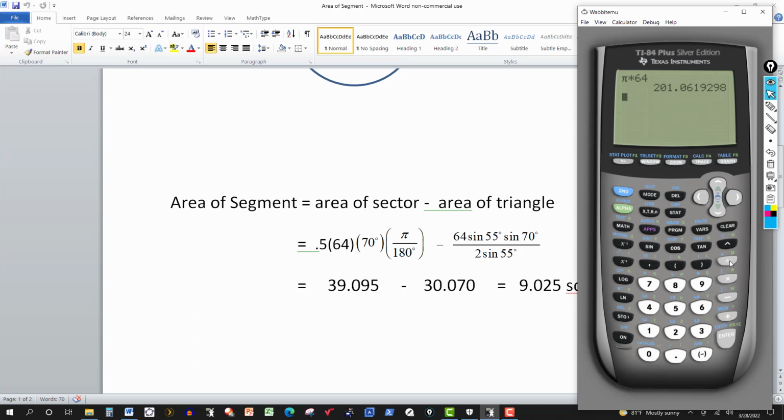So I'll say times 70, enter, and then divide by 360, the total degrees in a circle. And I get 39.095, which is the same thing I got over here. And I didn't have to change the angle to radians.